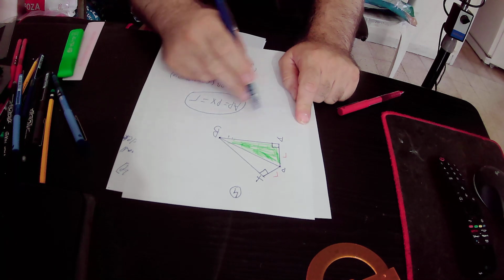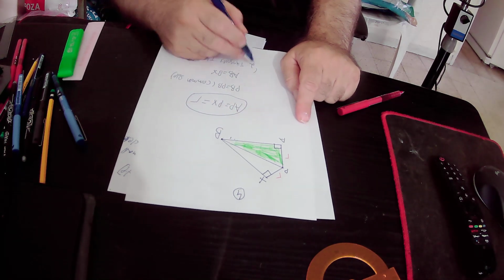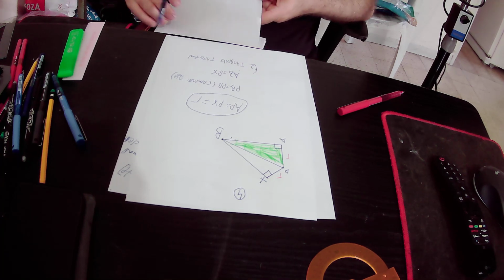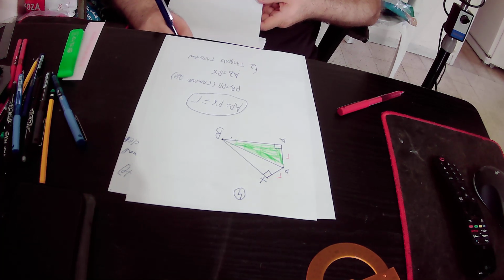Again, AB equals BX according to the two tangents theorem. So, what is the two tangents theorem?